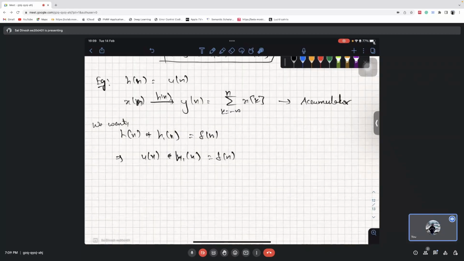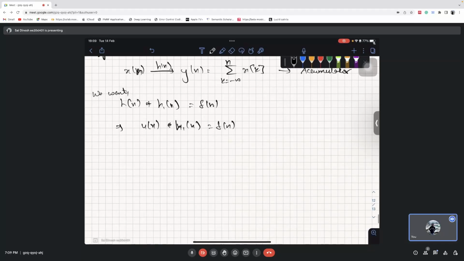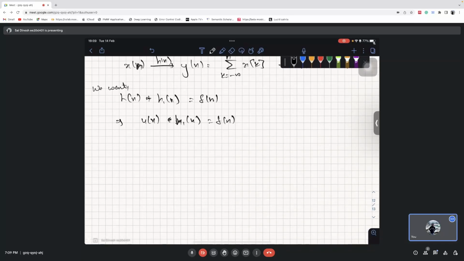So what we want is h of n convolved with h1 of n, which is delta of n, equal to u of n convolved with h1 of n equal to delta of n.